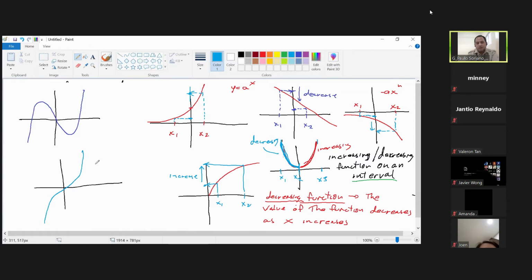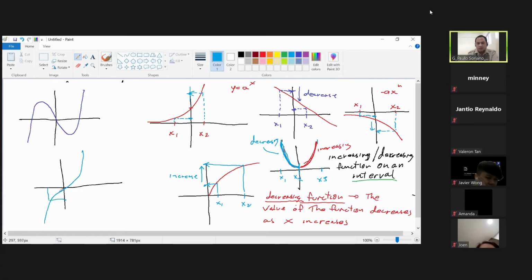If you have a graph like this, is this decreasing or increasing at an interval? It's all increasing.